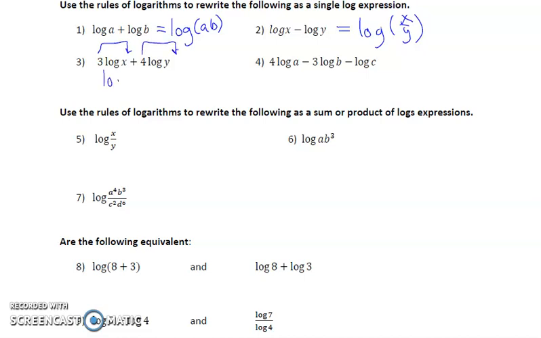So this could be written as log of x cubed plus log of y to the 4th. So that would be that first step, is to turn it back into an exponential part inside the parentheses. And then that's rule 3. And then rule 1 is because it's addition, we can combine it as a single multiplication problem. So it becomes log of x cubed multiplied to y to the 4th.